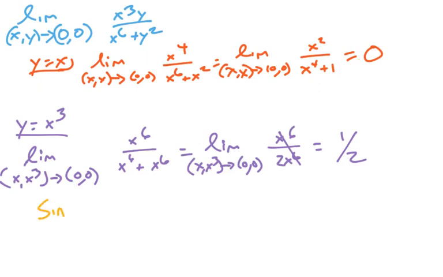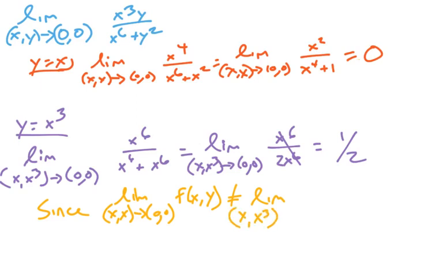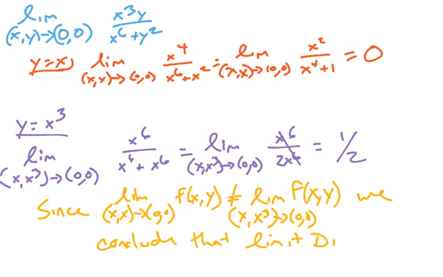So it's always good to sum this up. The limit as you approach along the path y equals x, for this function, since that limit doesn't equal the limit along another path, we conclude that the limit does not exist.